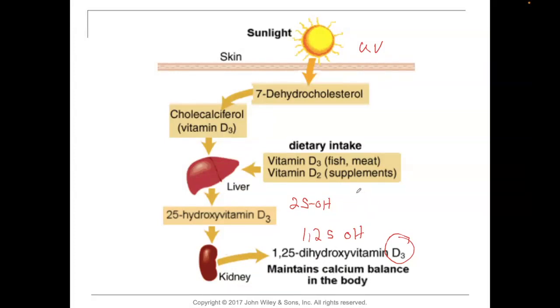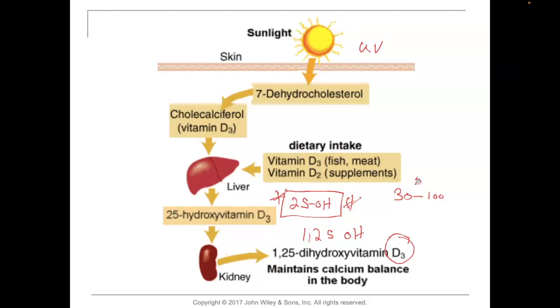Okay. When we want to assess your vitamin D levels in your body, the gold standard test is this one right here. The blood test for your vitamin D status is called 25 hydroxide, 25 OH. And most labs will tell you that healthy range is between 30 and 100.